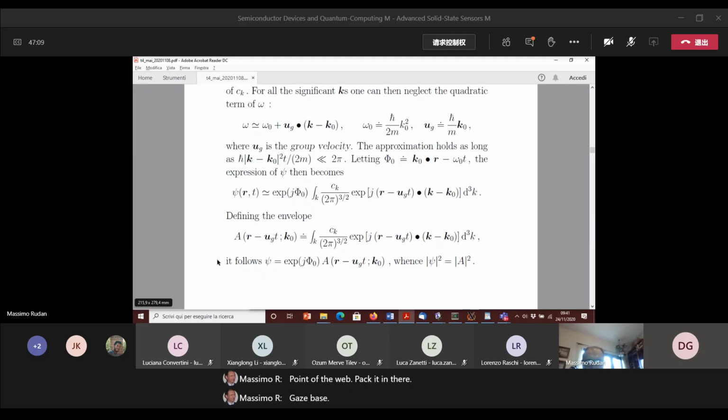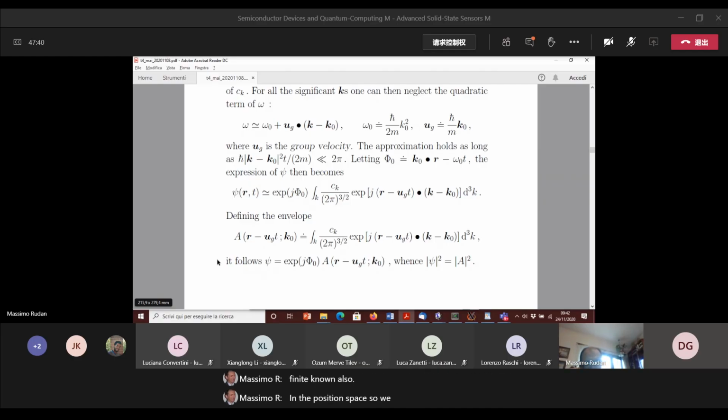But we can also ascribe a position because the wave packet is also limited in the physical space. You remember that the norm of the Fourier transform is equal to the norm of the function. So also, if the wave packet in the K space has a finite norm, it will have a finite norm also in the position space.